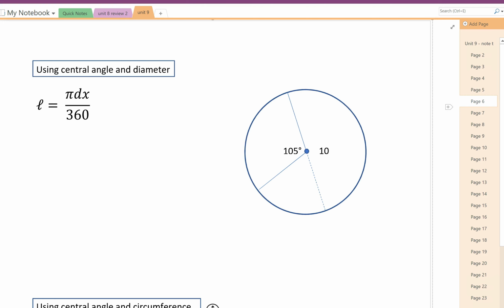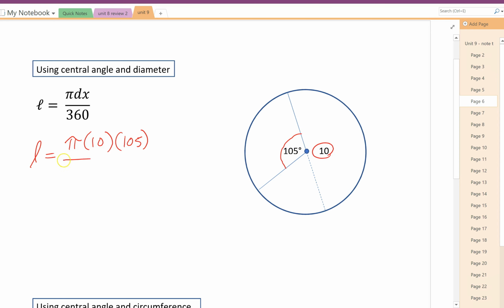All right, well, let's say instead I have the same circle, the same central angle, but now instead of telling me that the radius is 5, it tells me that the diameter is 10. Same procedure really. It's just that now we don't have to do the 2r, we do a d instead. So it's going to be pi times the diameter, which it tells me right here is 10, times x, which is the central angle, all divided by 360.